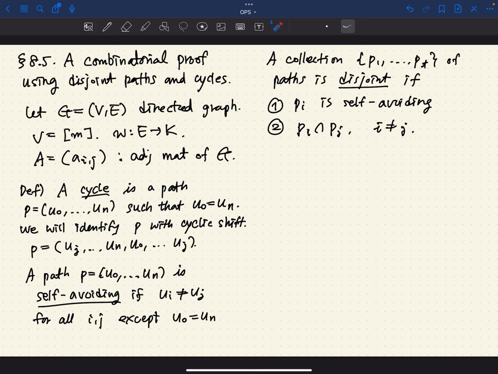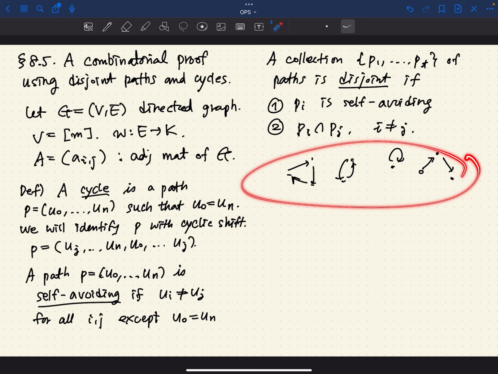We only look at them as a set. So for instance, this, or maybe we have a path as well, is a disjoint collection of paths. Cycles are also paths, so this is good.